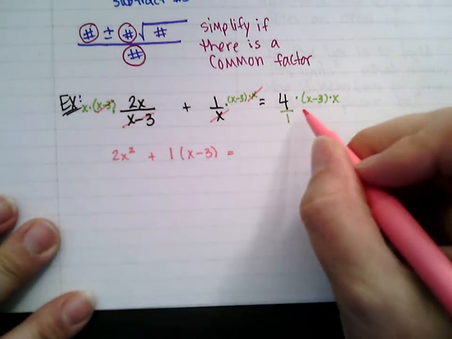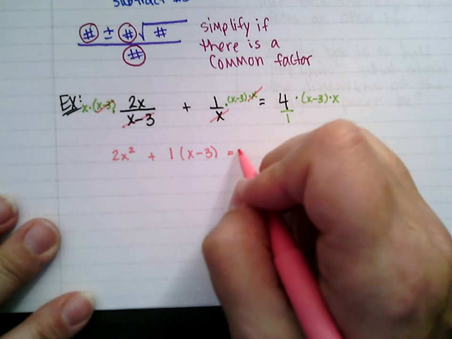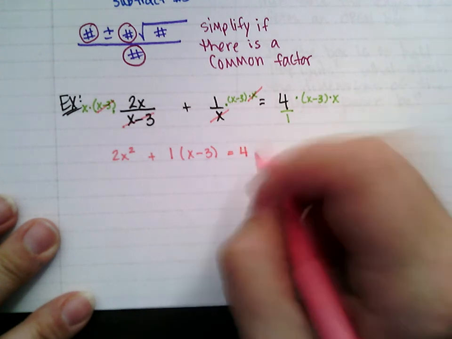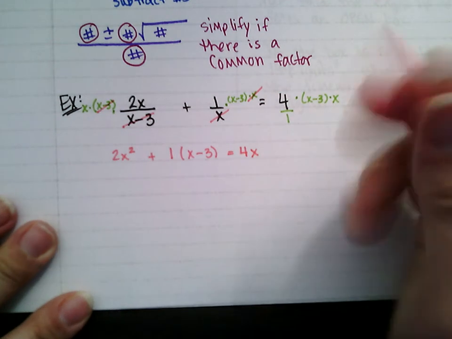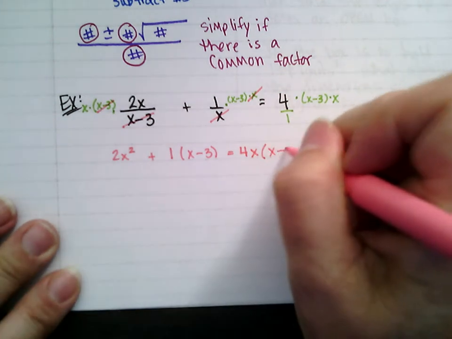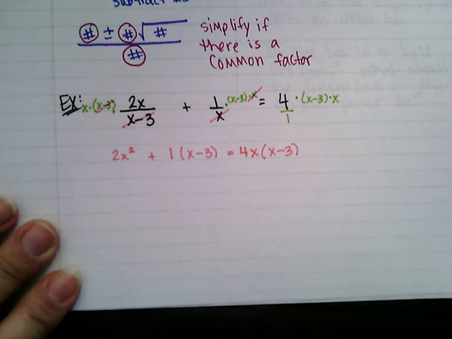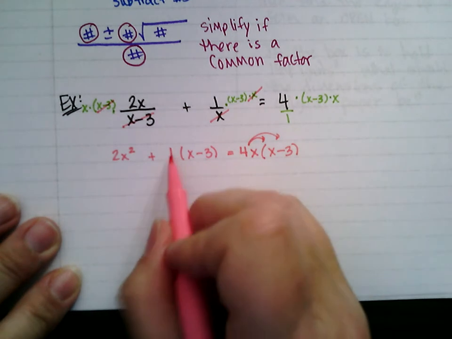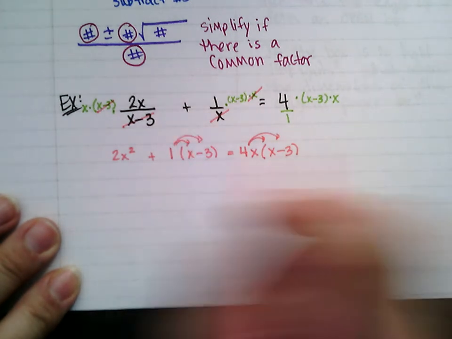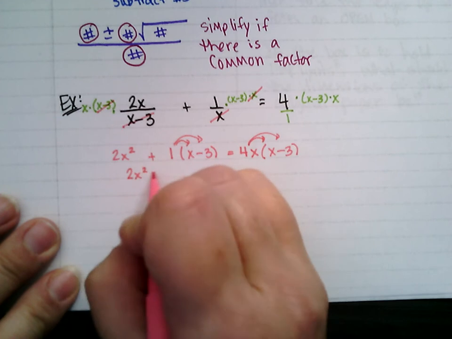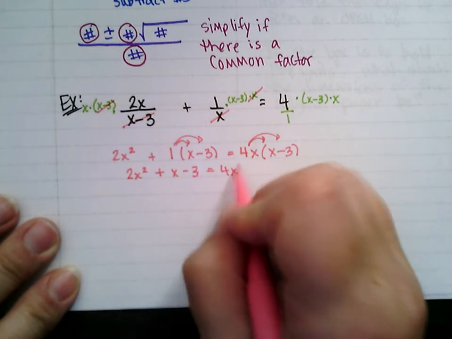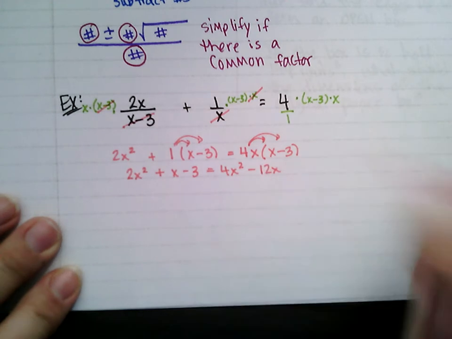And then on the right side, nothing cancels. I just basically have 4 times x minus 3 times x, which by the distributive property I can rewrite as 4x times x minus 3. Then moving forward, I'm going to distribute that 4x. I'm going to distribute the 1, which is not very exciting. And then on the right side, 4x squared minus 12x.